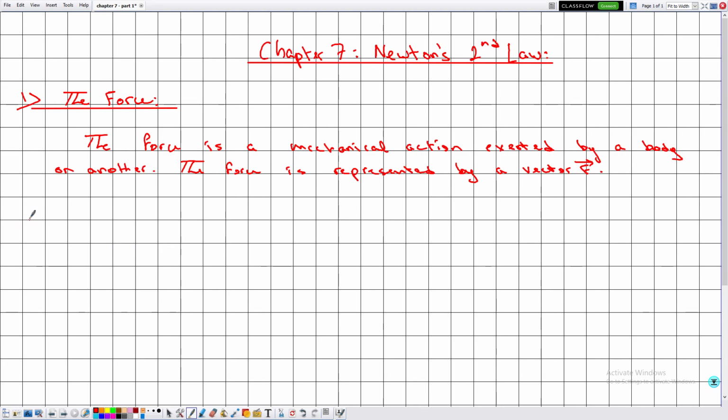Let's continue by section number 2, which is types of forces.